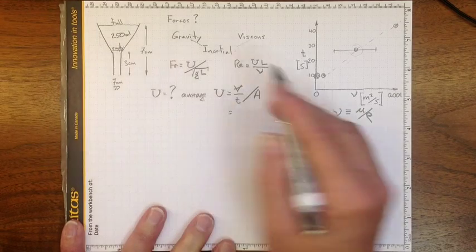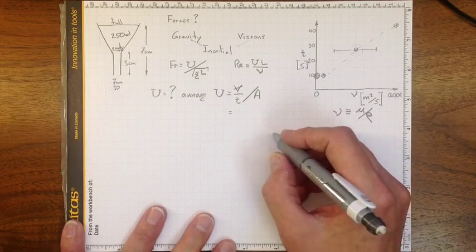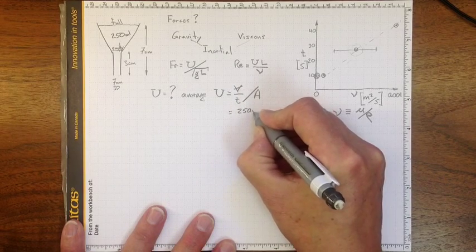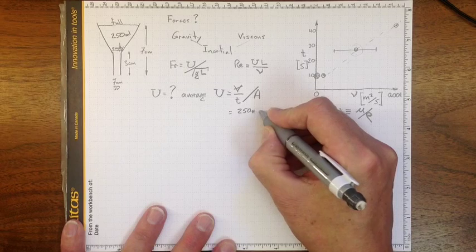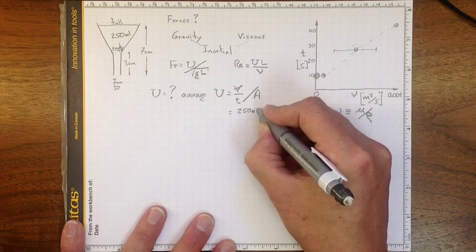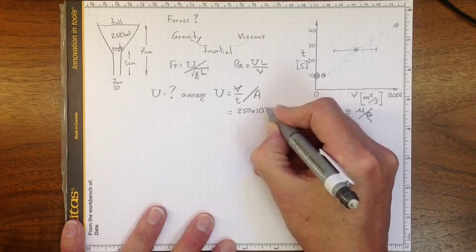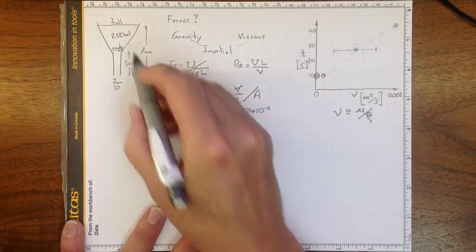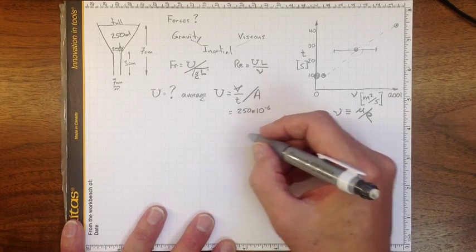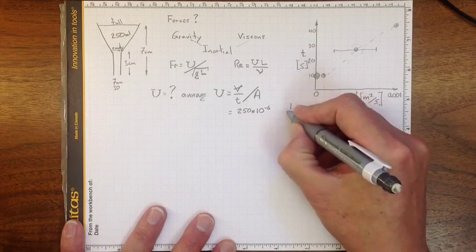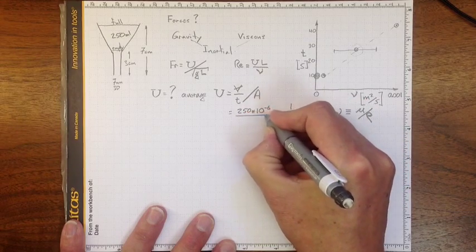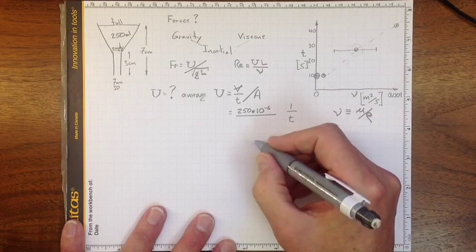So if we want this in cubic meters, it'll be 250 milliliters times 10 to the minus 6, which is the volume in cubic meters, divided by the time, so times 1 over t, and divided by the cross-sectional area.